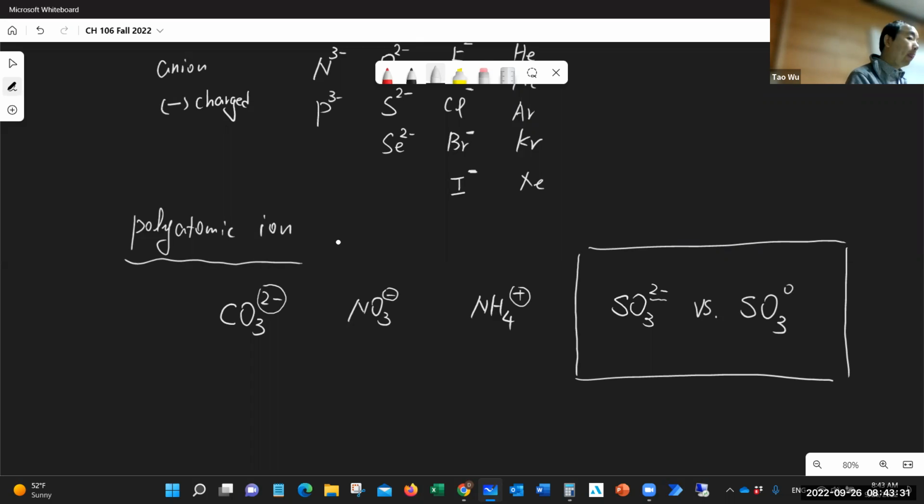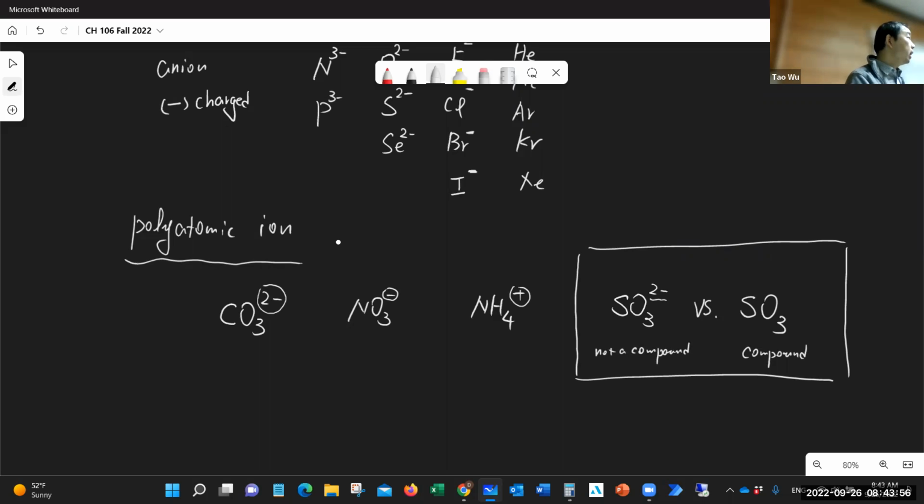It's neutral. That means this SO3 is a compound, because we say a compound is neutral. But SO3 2 minus is not a compound, because it has a charge.